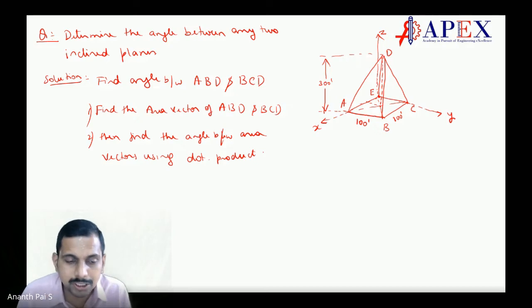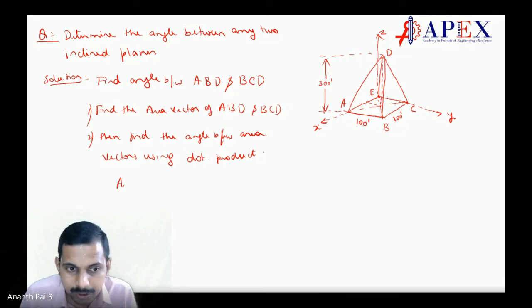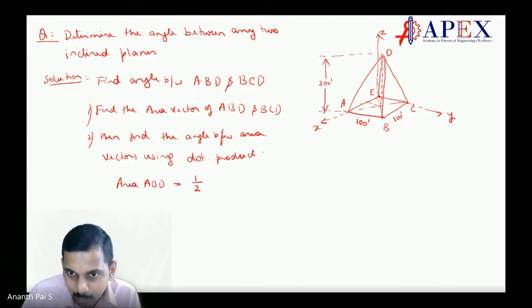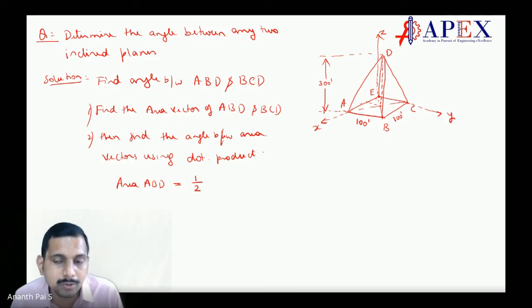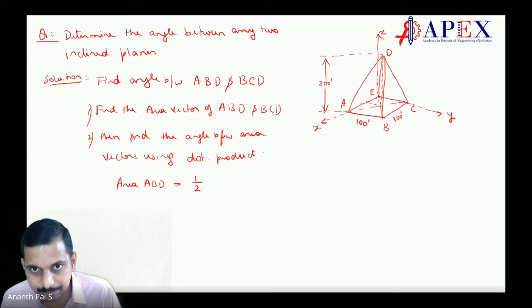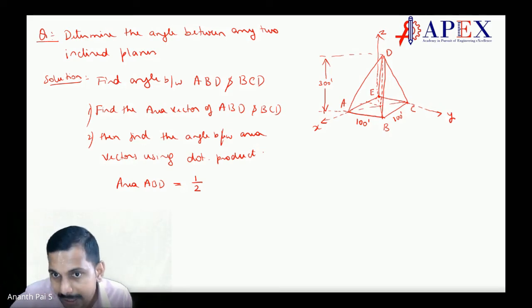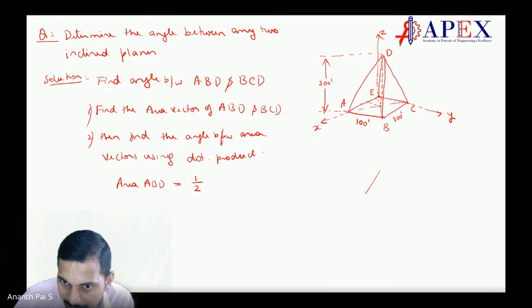Okay, first let us find the area vector. What is the area of ABD? How can we do that? That can be written as half into, because it's a triangle. First thing we have to see is which is the direction. There is an inclined plane here, and then there is an inclined plane here, so you have to get this angle.